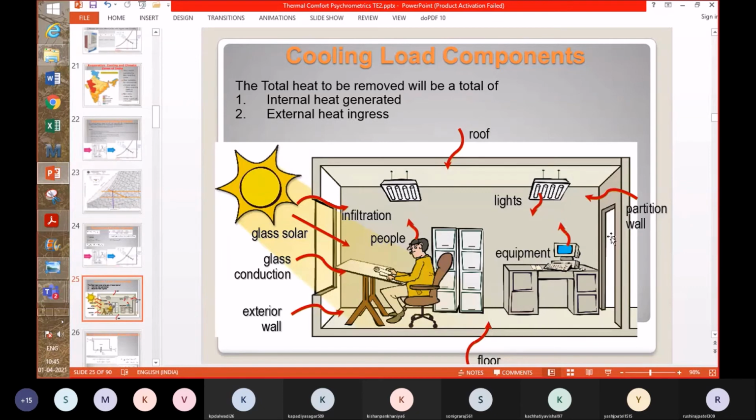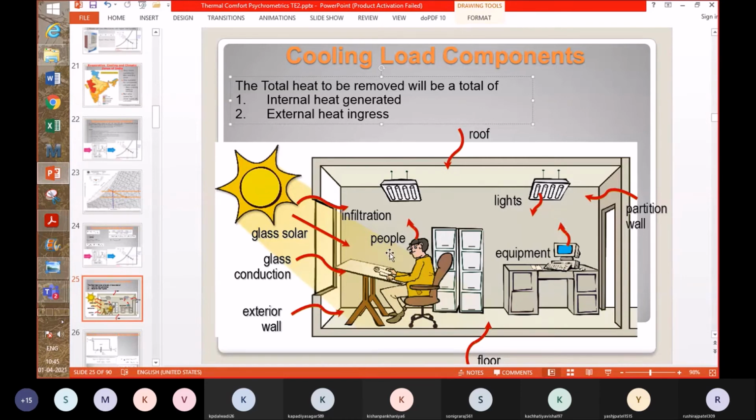And there is a door here, so you can attach your infiltration with that. Then through the floor also, something similar to the roof, though the amount may not be the same, heat can enter into the conditioned space. So this is called external heat ingress. From outside, the heat is entering into your conditioned space.